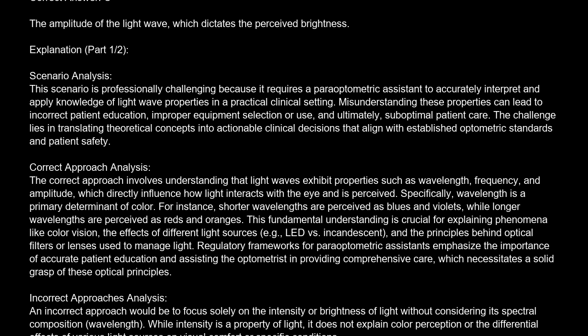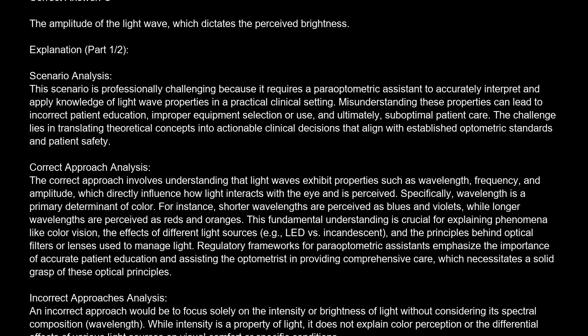Correct approach analysis. The correct approach involves understanding that light waves exhibit properties such as wavelength, frequency, and amplitude, which directly influence how light interacts with the eye and is perceived. Specifically, wavelength is a primary determinant of color. For instance, shorter wavelengths are perceived as blues and violets, while longer wavelengths are perceived as reds and oranges.